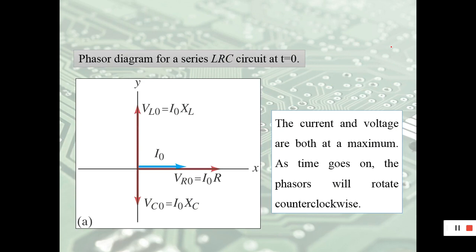This is what I told you in the previous slide, the location of VL, VC, and VR, each 90 degrees apart, and the rotation is anti-clockwise.